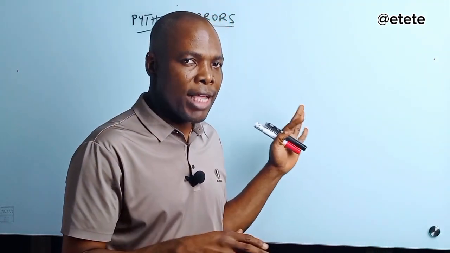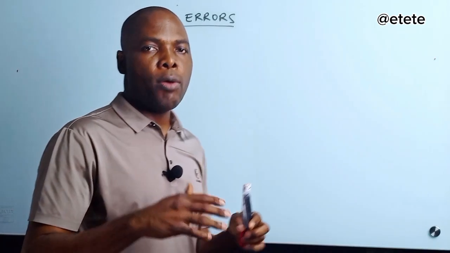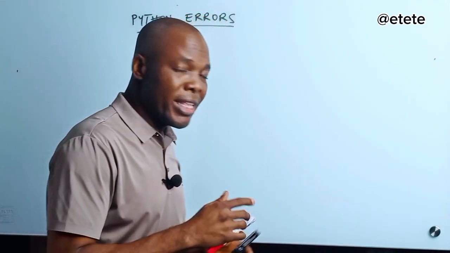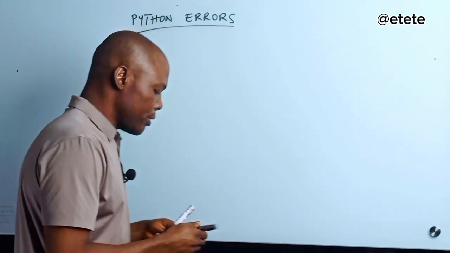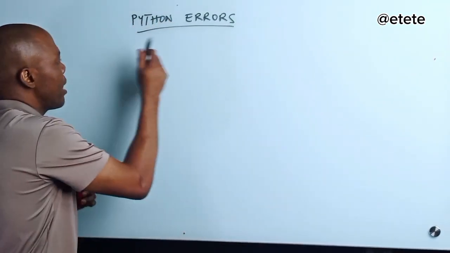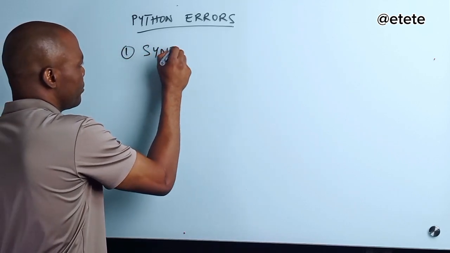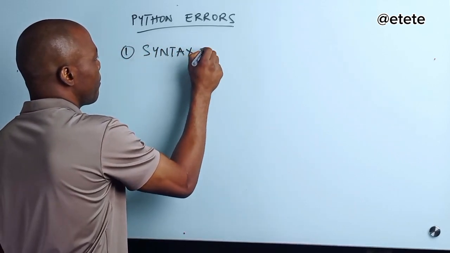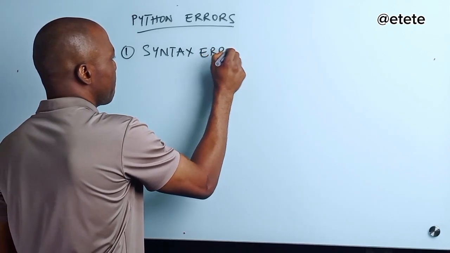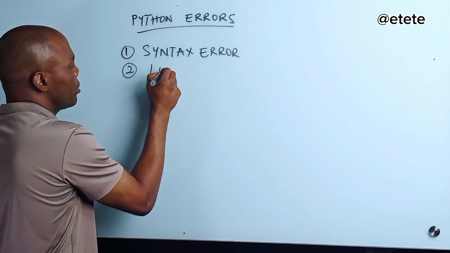Now, looking at this class today, what we want to do now is Python errors. Now, what are the various errors? In every language, right, we have rules that we have to follow. So, there are three types of errors. We have syntax error. The second one is logical error.